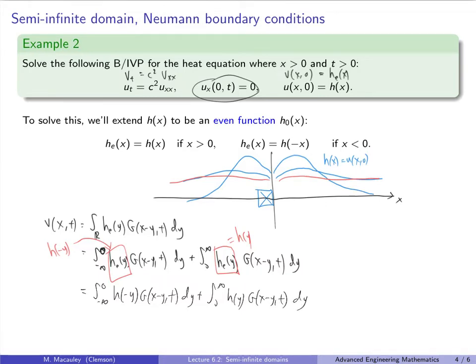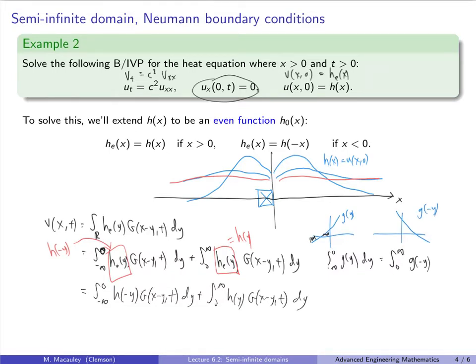And finally, recall, it always helps to draw a picture, that for any function g of y, we reflect it across the vertical axis. That is g of negative y. So the integral from negative infinity to 0 of g of y is equal to the integral from 0 to infinity of g of negative y.